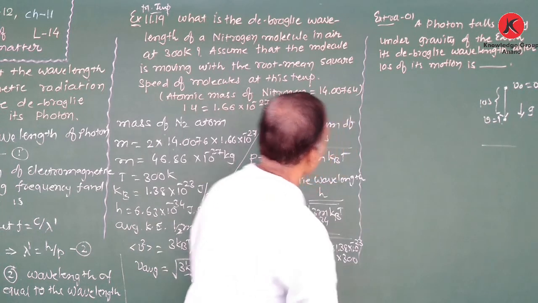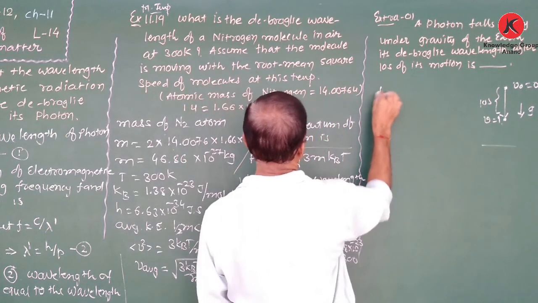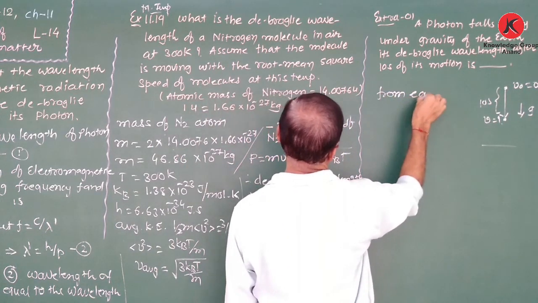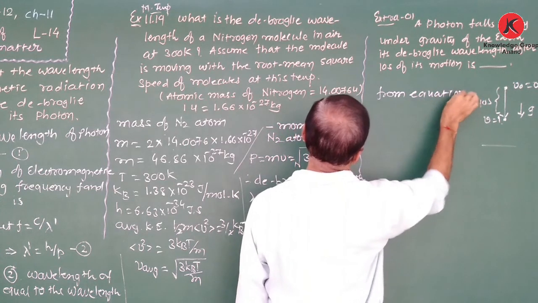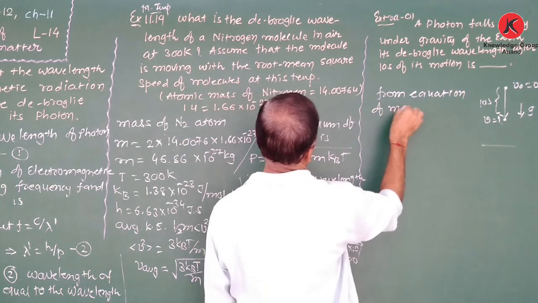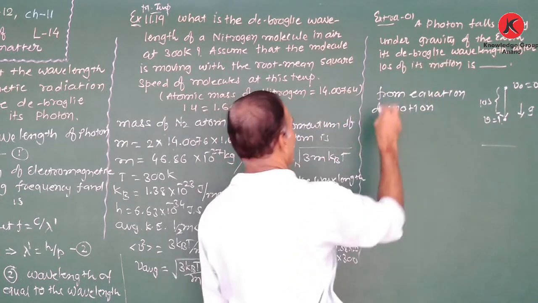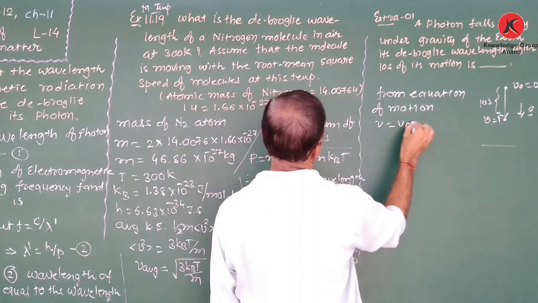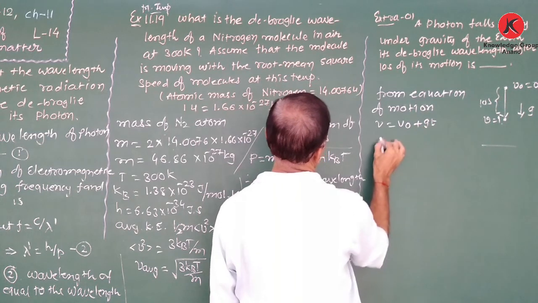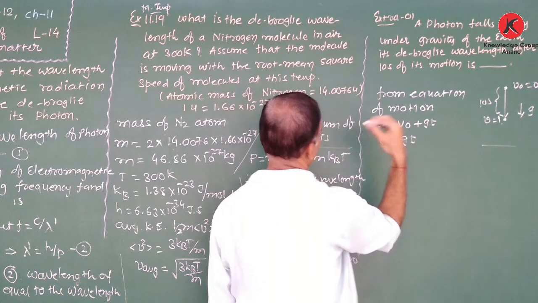Right? Therefore, from the equation of motion, v is equal to v0 plus gt. Therefore, v is equal to gt.